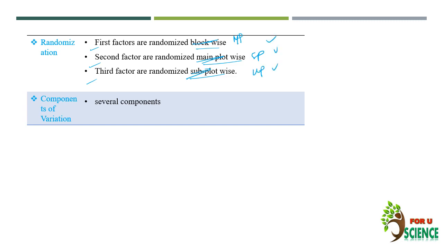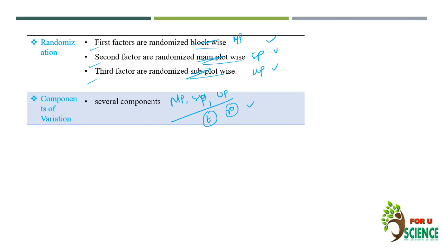And there will be several components of variation: main plot-wise difference may be there, subplot-wise difference may be present, and ultimate plot-wise difference may be present. That is why treatment-wise experimental error is also present.